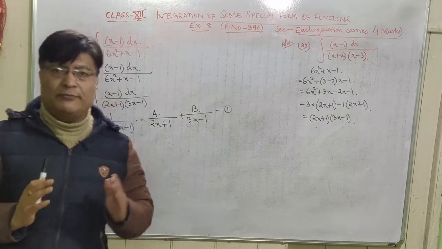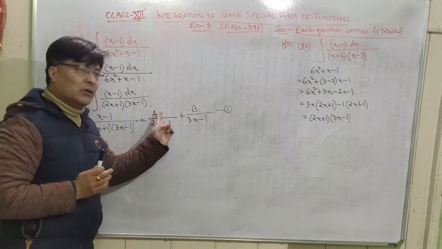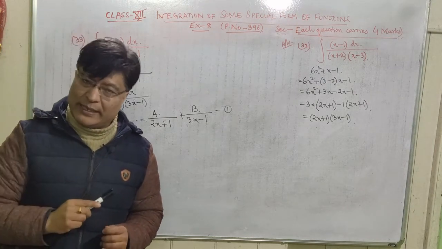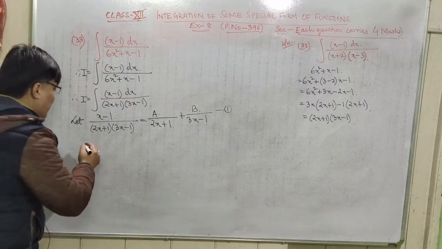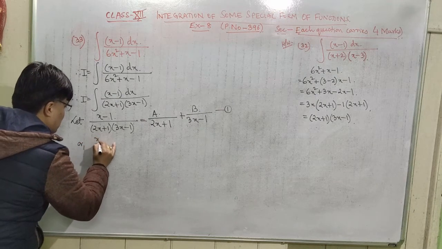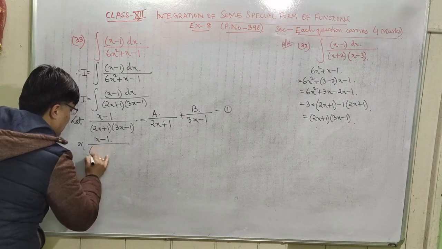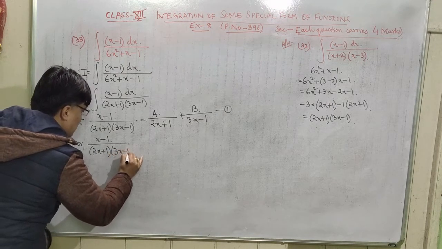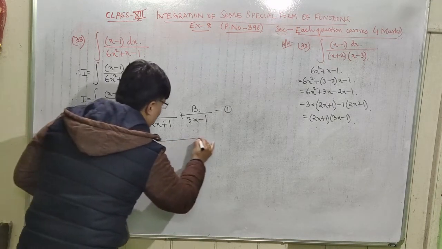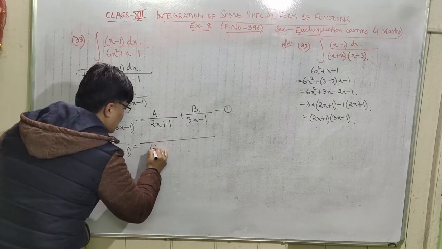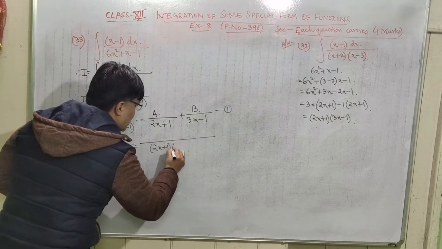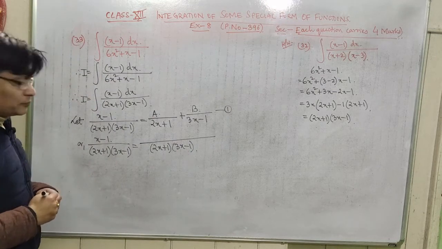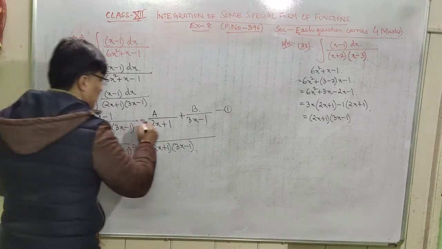Now our job is to find out the values of this constant A and B, right? So how can you find it? Let us simplify it. x minus 1 divided by 2x plus 1 into 3x minus 1 is equal to, so what's the LCM out here? It is 2x plus 1 into 3x minus 1, right? So now let us simplify it.